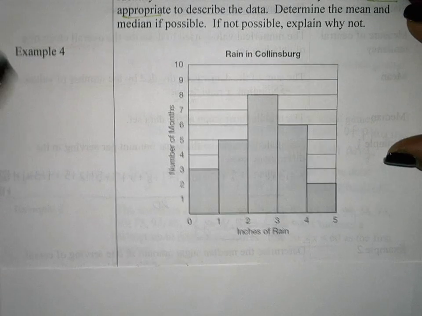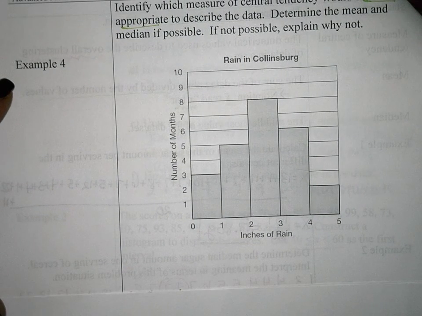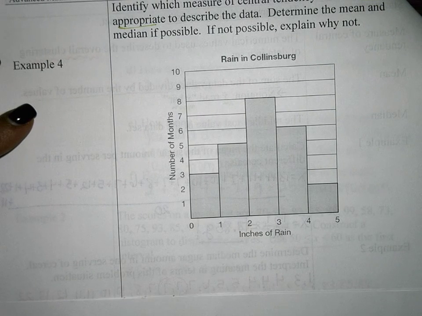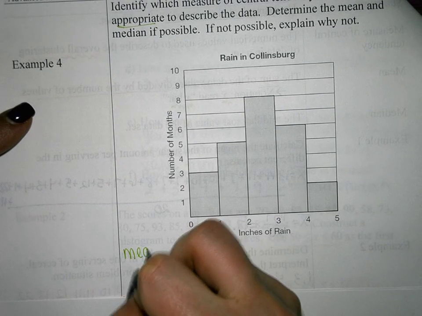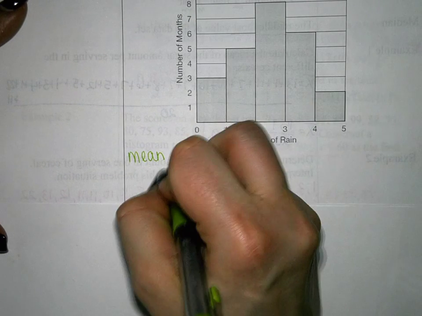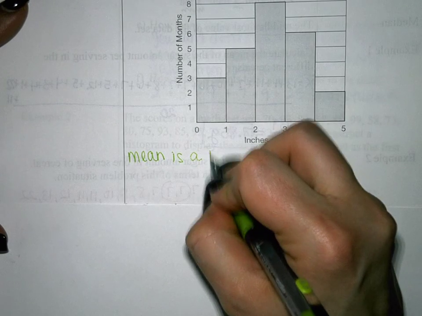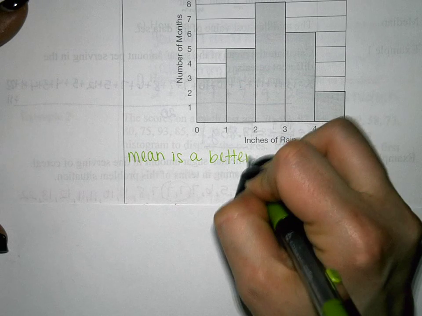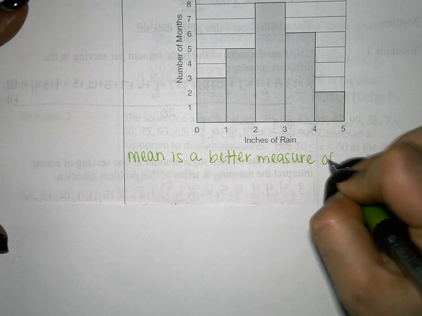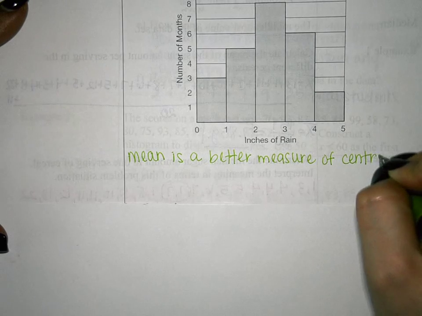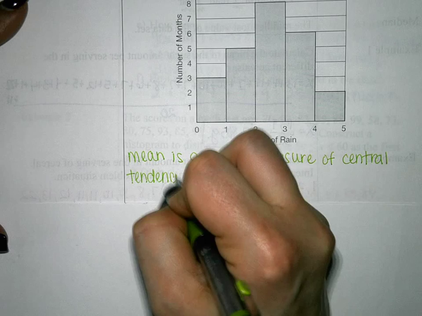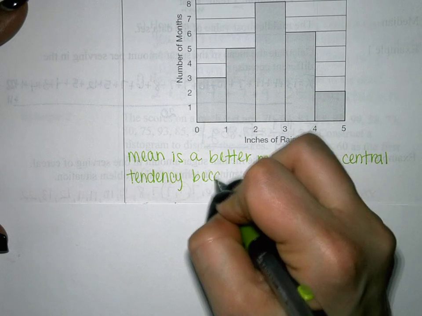So the most appropriate measure would be the mean, because the data is symmetric. Let's write that. Mean is a better measure of central tendency because the data is symmetric.